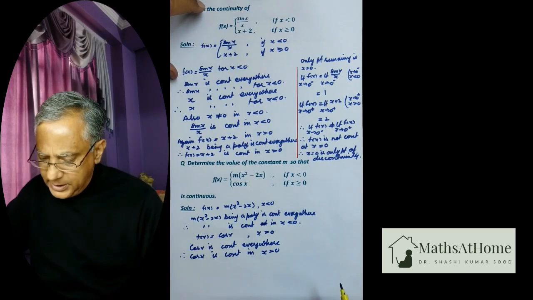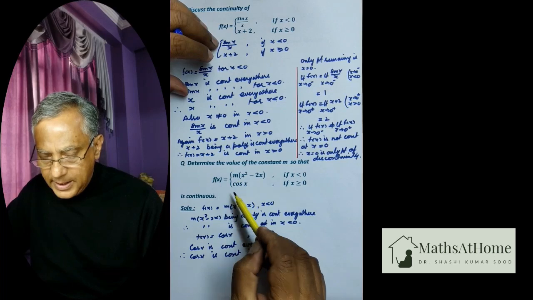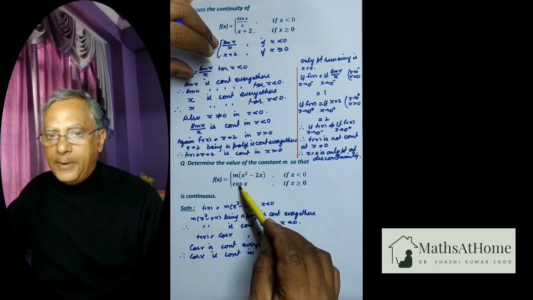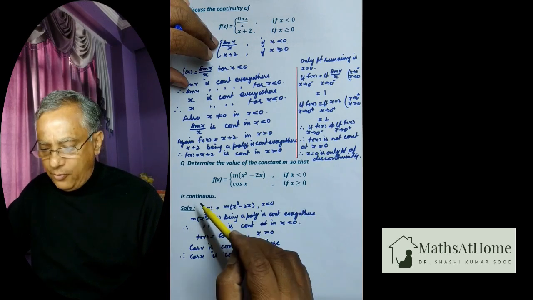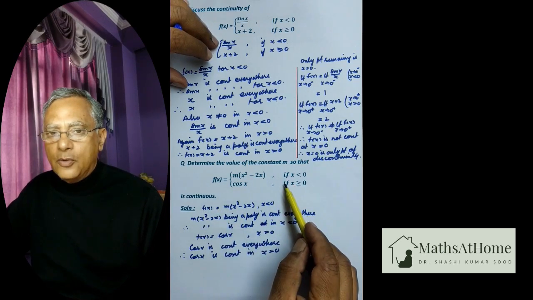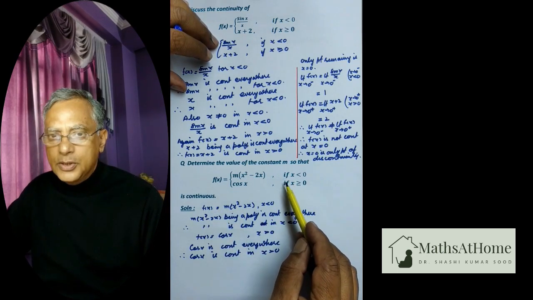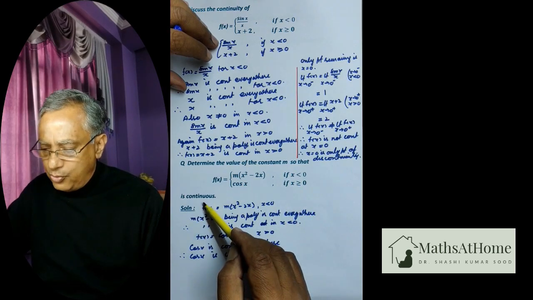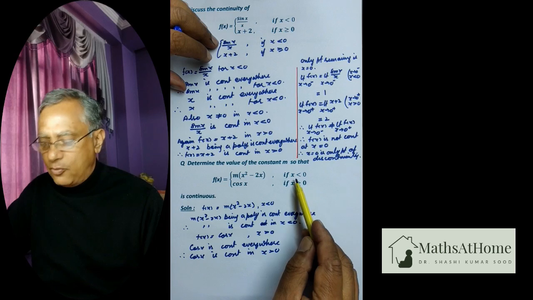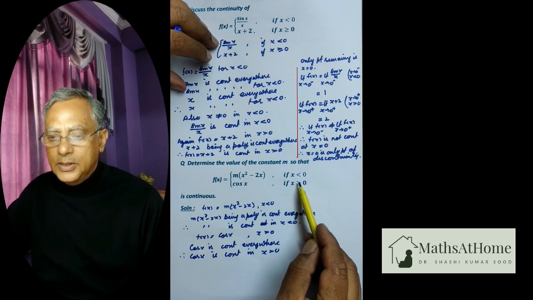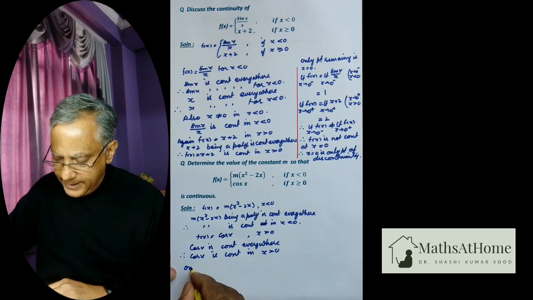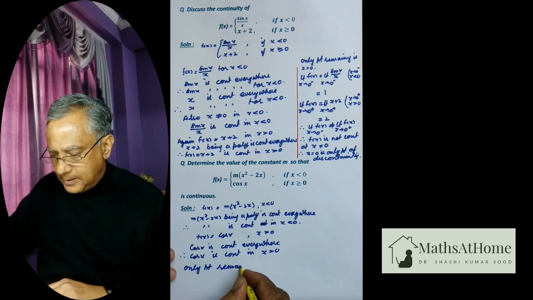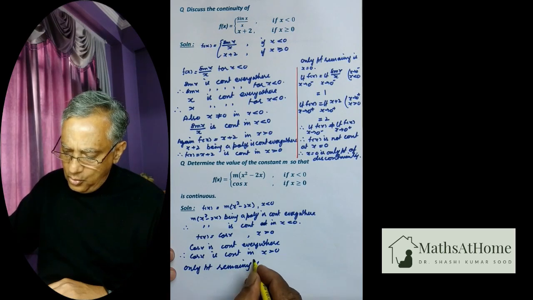So what we notice, this function is continuous at all other points except x equal to 0. So we will have to check the continuity of this function at x equal to 0. Since it is given that this function is continuous, we must satisfy the condition of continuity at x equal to 0. Only point remaining is x equal to 0.